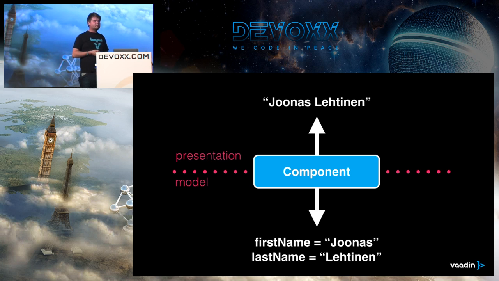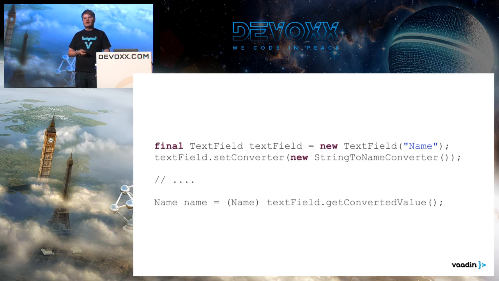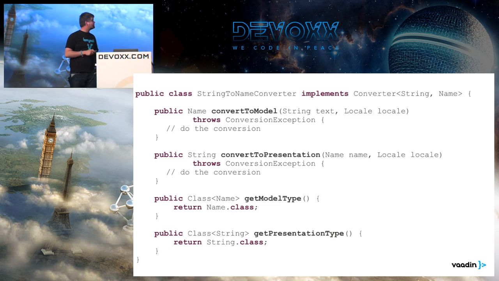We are also making conversions explicit. So instead of getting some kind of representation out of toString in a field, you actually can write those converters. So for example, in this case, if the string presentation on the screen would be that, we could have a bean with two different properties inside it, representing a person.